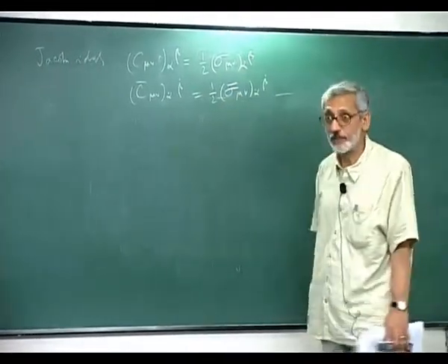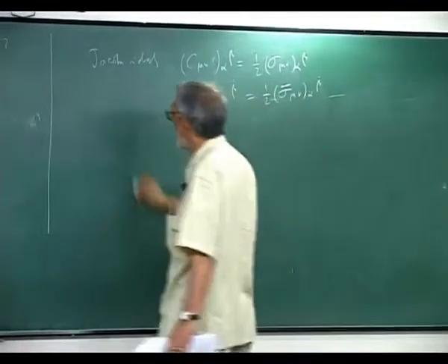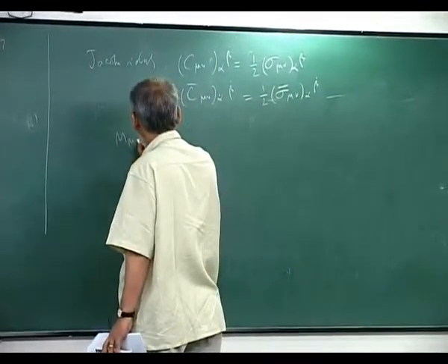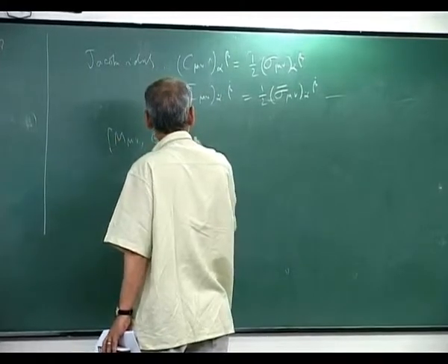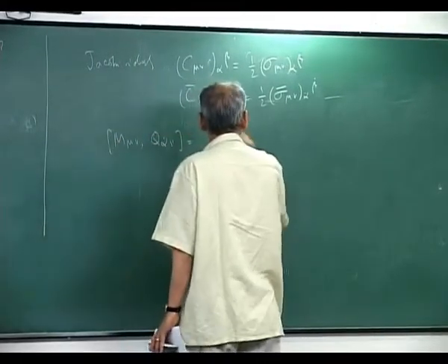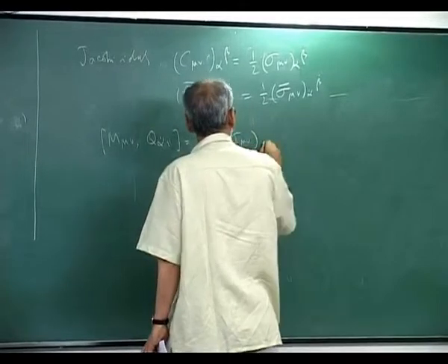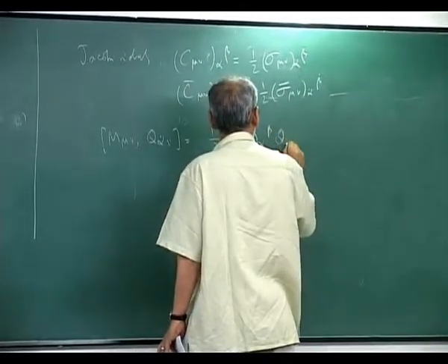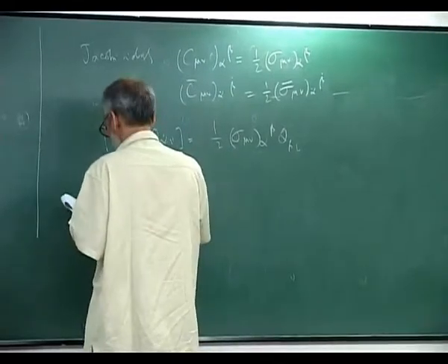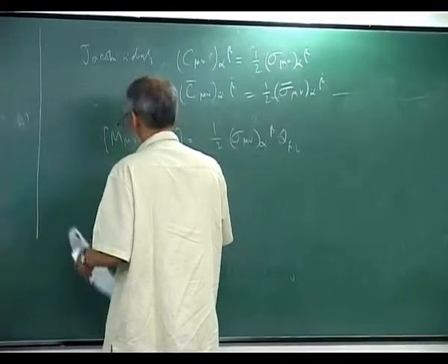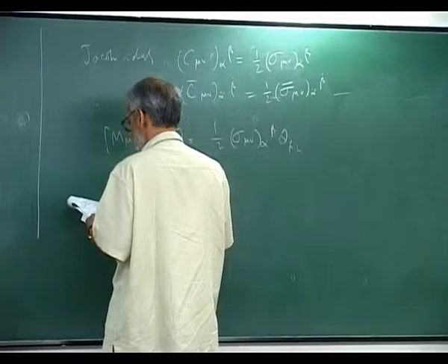This turns out to be this, and that is, let me write now, the commutator of M mu nu with Q alpha I is half sigma mu nu alpha beta Q beta I. I think it's the other way around.